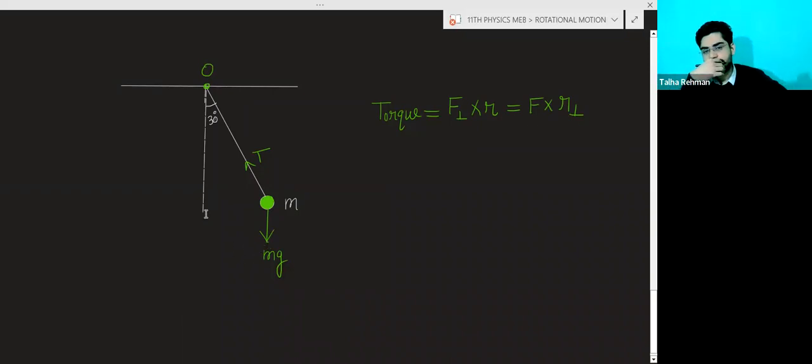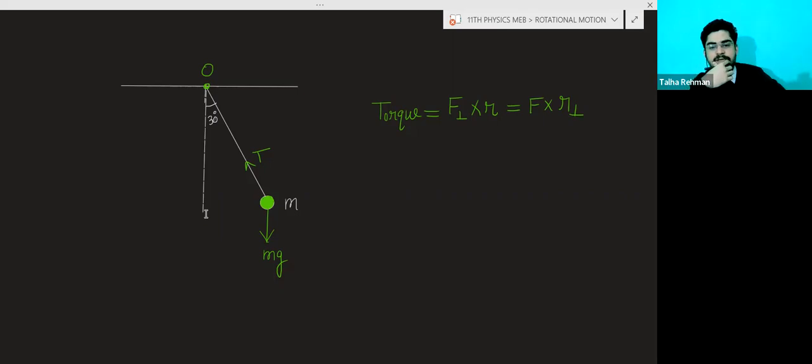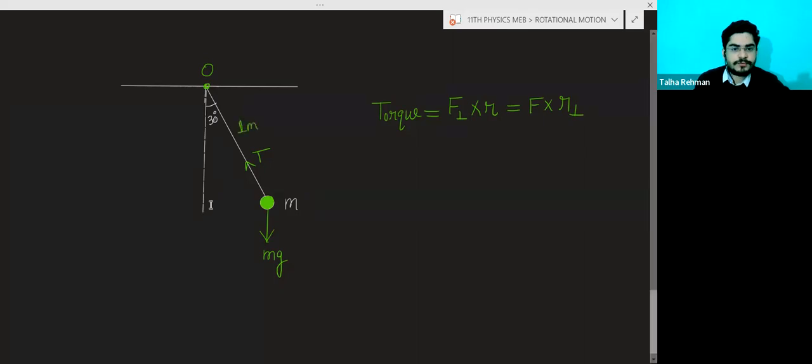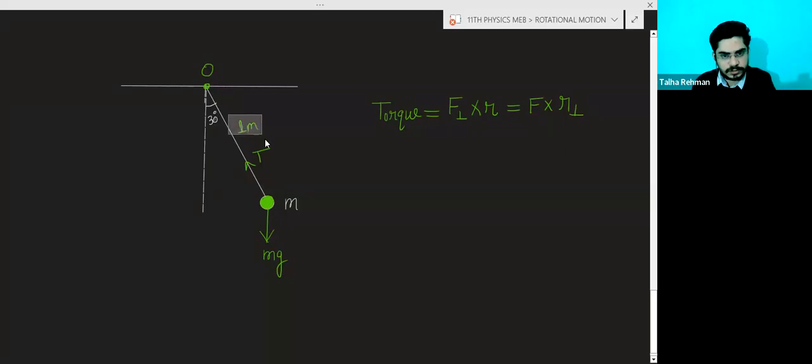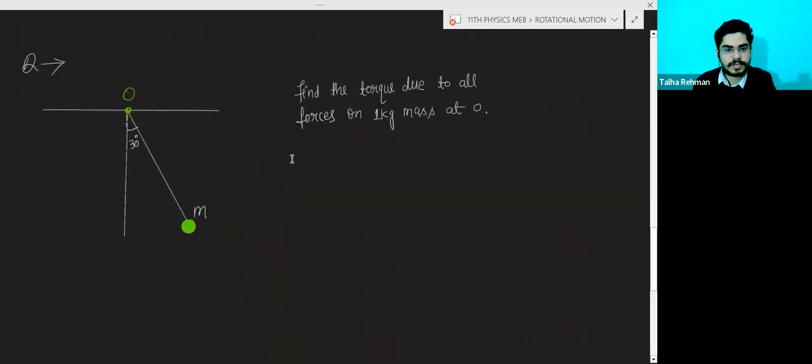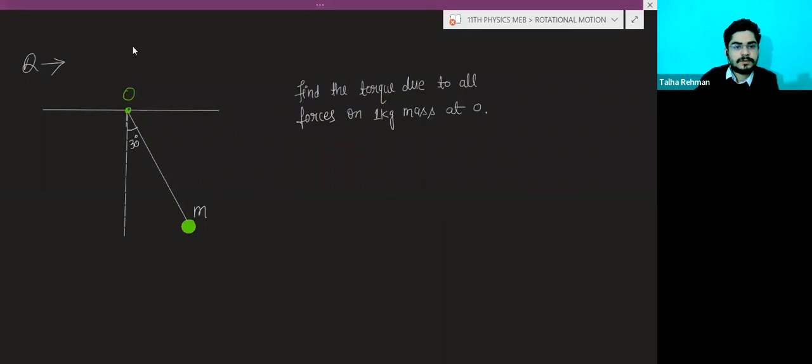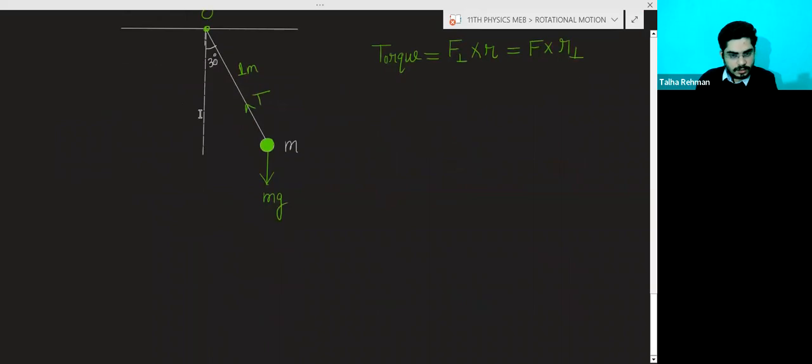That will be the torque. And remember, this length is given as 1 meter. The length of the string from O to M is 1 meter. This is also given in the question.